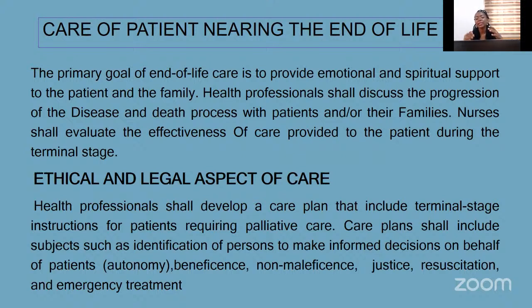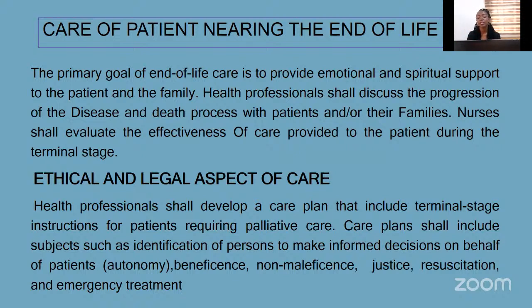So in this stage, care of patient nearing the end of life, you evaluate your care plan and say, okay, what have I been able to achieve so far? Was I able to allay the patient's anxiety at this stage? Was I able to offer psychological support to this patient? Was I able to answer existential questions?